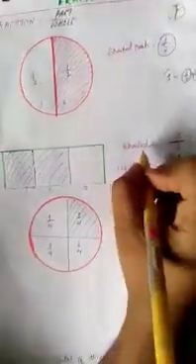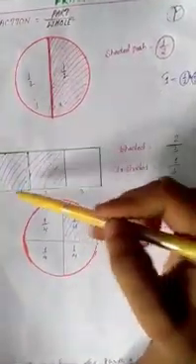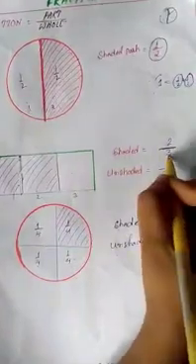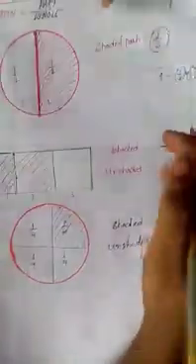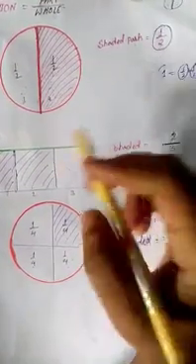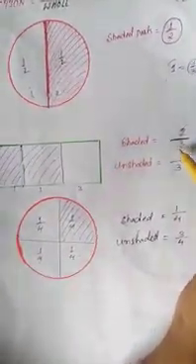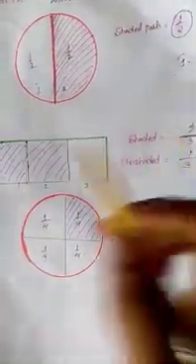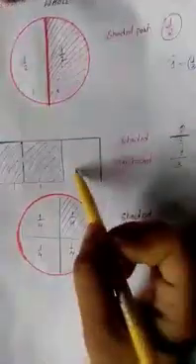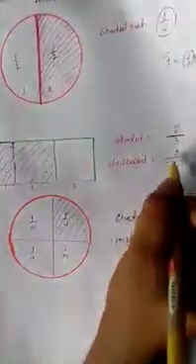At first you count how many parts are divided: 1, 2, 3. So 3 will be written below, and the shaded parts go on top. How many shaded parts? 1 and 2, so 2 by 3. In the same way, the unshaded parts: only one part is not shaded, so 1/3.